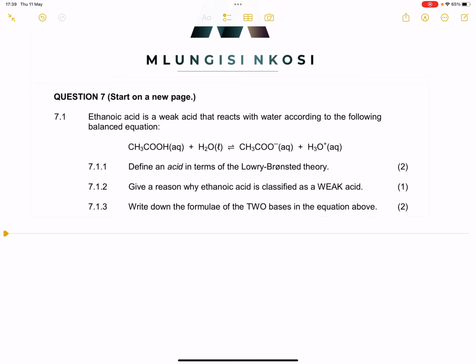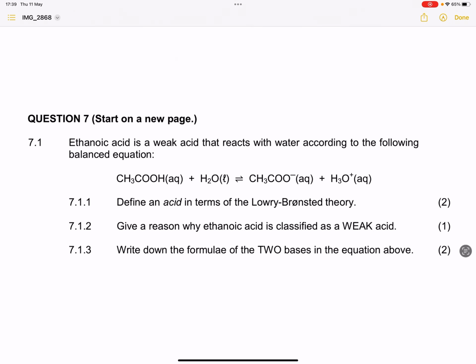Now, before we go very far with this, I want you to note how we identify Lowry-Bronsted acid-base conjugate pairs. By definition, an acid would be an H plus donor, whilst the base would be an H plus acceptor. So in this case, just have a look at this.